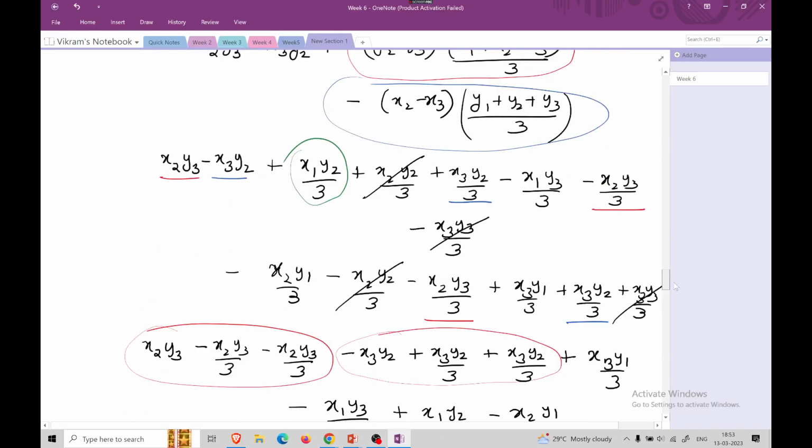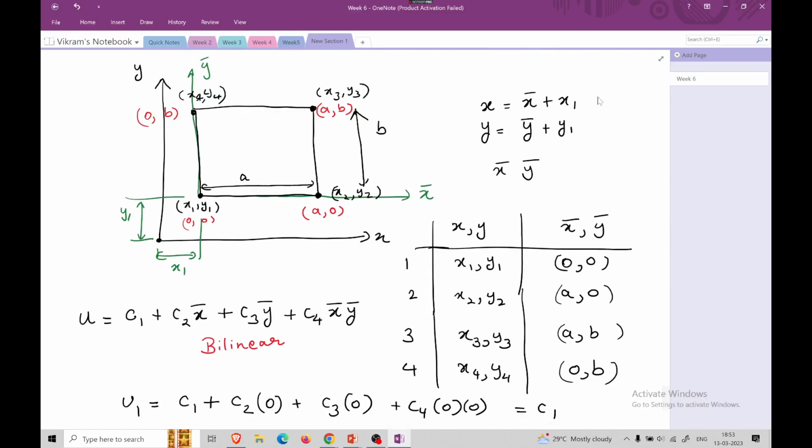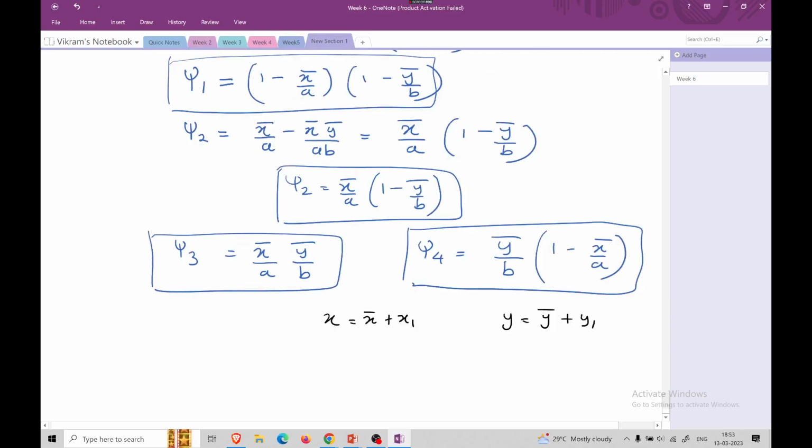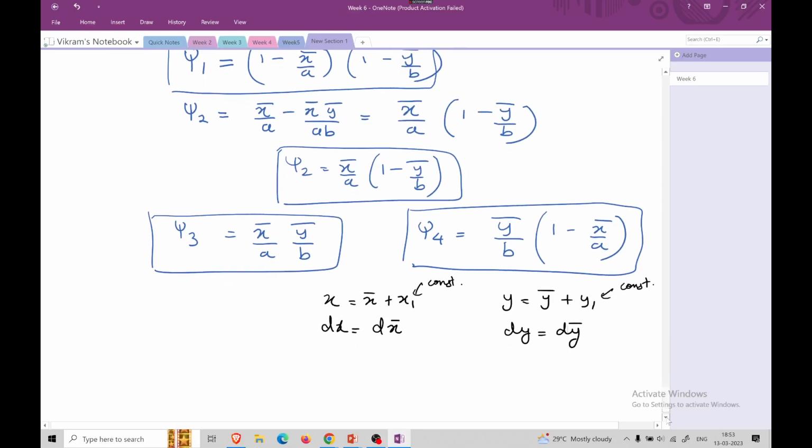I am just reiterating these two. This is related to shift in the coordinate system. So if you take dx from here, it will simply be dx bar, because x1 is a constant, and similarly y1 is a constant, so my dy will also be dy bar.